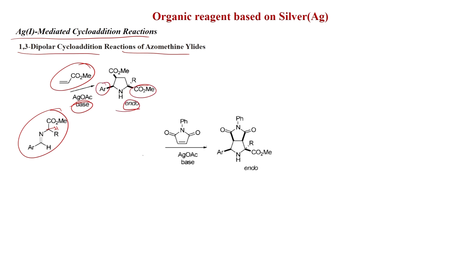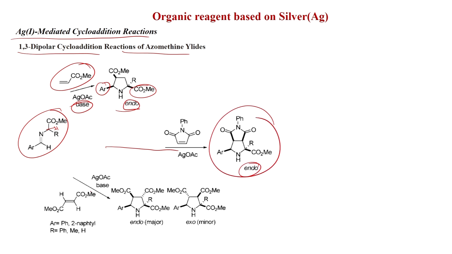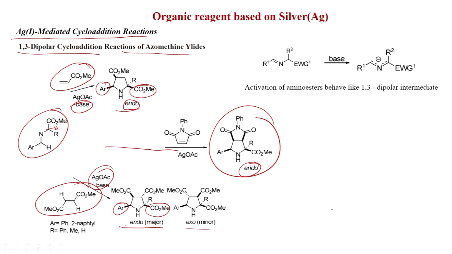Also maleimide can give this product, a bicyclic product, this is also endo, and with dimethyl fumarate also silver acetate and base will give this pyrrolidine. This is a tetrasubstituted pyrrolidine, very important, and this is the major product. Here also CO2Me and Ar are on the same side. So, this is the endo and this is the exo isomer.